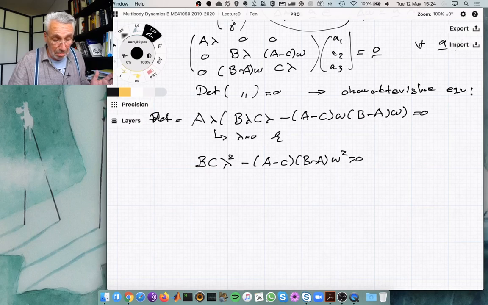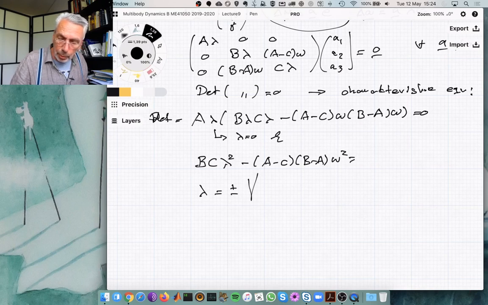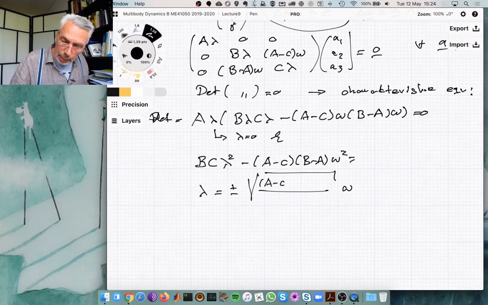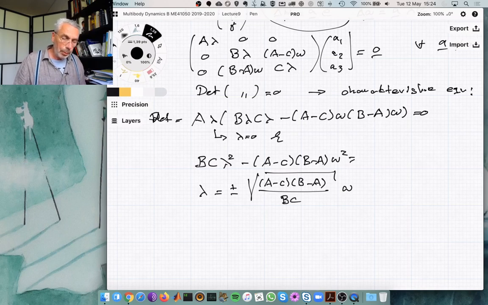Well, that's actually a super simple equation. Then we get lambda is plus or minus the square root of A minus C times B minus A divided by B C. So those are the solutions.